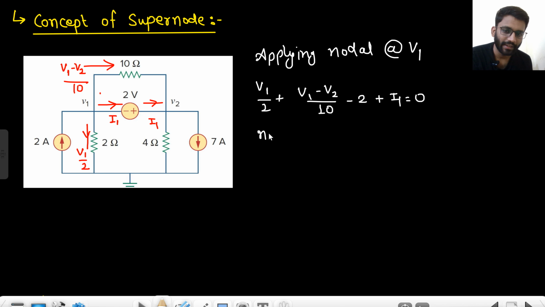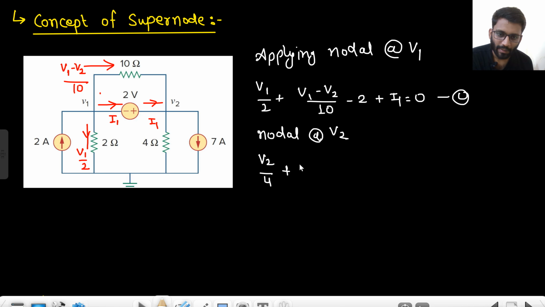Now nodal at V2, it will be V2 by 4, plus 7, plus (V2 minus V1) by 10, right?